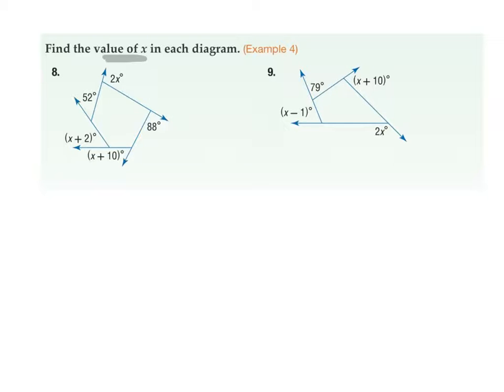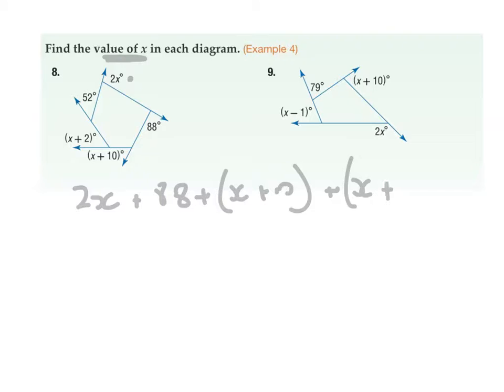It doesn't matter where you start, but once you start, collect the like terms together. I always start at the top, so I'm going to do 2x plus the 88 plus, and I'll put this in parentheses as I said, x plus 10 plus x plus 2 plus the 52, and don't forget that must equal 360 degrees.